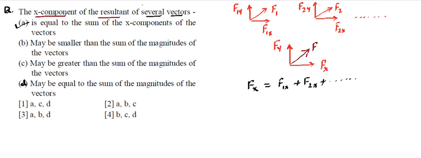So in option B, it is comparing to the sum of magnitudes of vectors, not the sum of the vectors. That means this Fx has to be compared with F1 plus F2 plus F3 plus F4 and so on. So this first number has to be compared with this number.